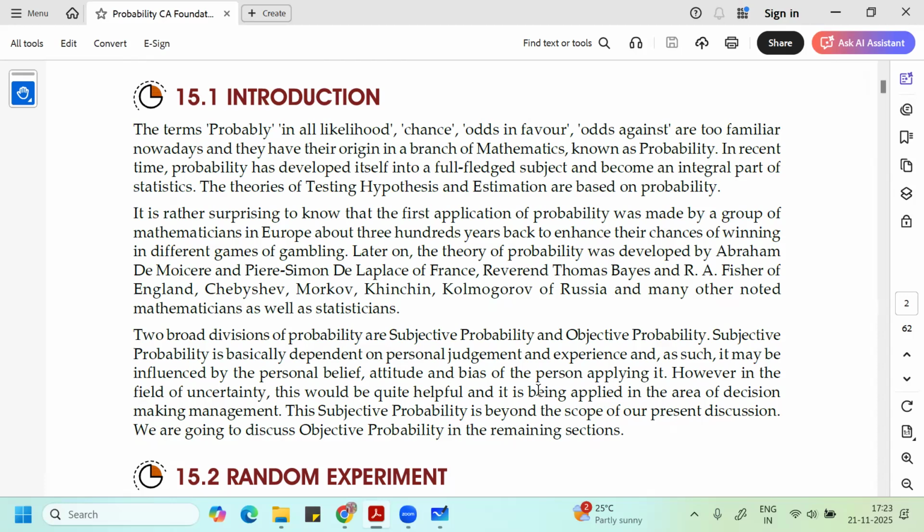In recent times, probability has developed into a full-fledged subject and has become an integral part of statistics. The theories of testing of hypothesis and estimation are all based on probability only. So just read about this theory, and about the contributions given by Fisher, De Moivre, Kolmogorov, and Bayes' theorem. All that is important for us to know.